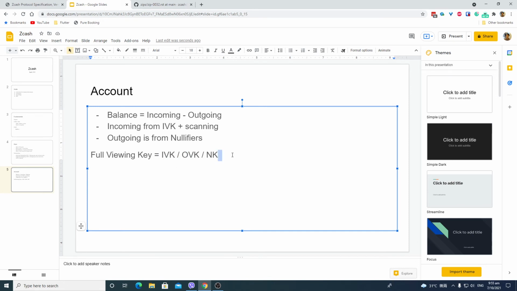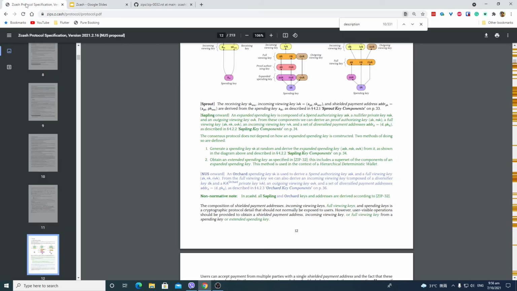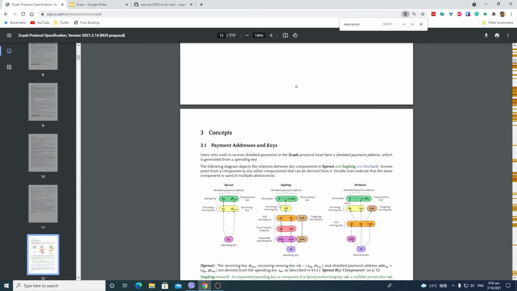So you don't need all of this to make a payment, of course, right? If you want to pay somebody, you just need the address. The address comes from the IVK plus a diversifier. The diversifier is something that you can fairly arbitrarily use.